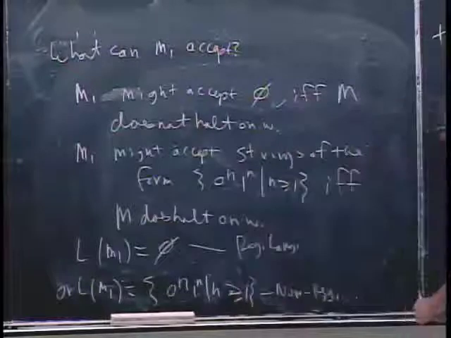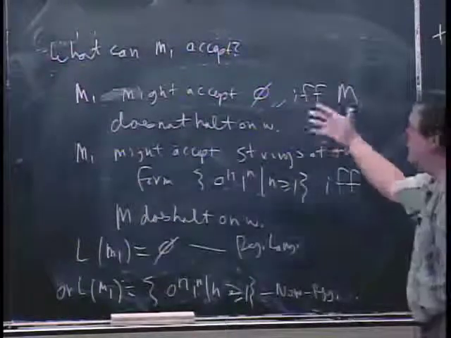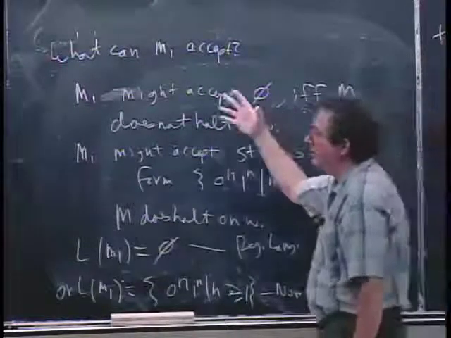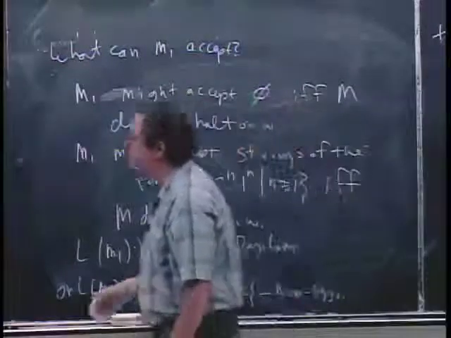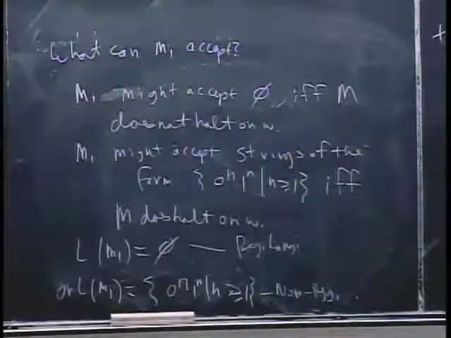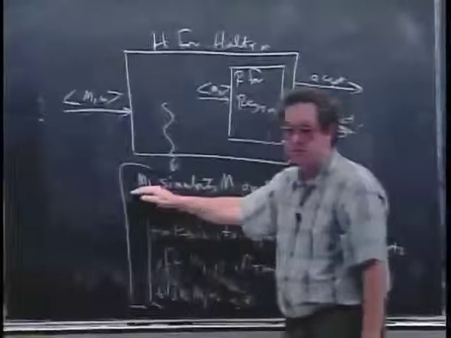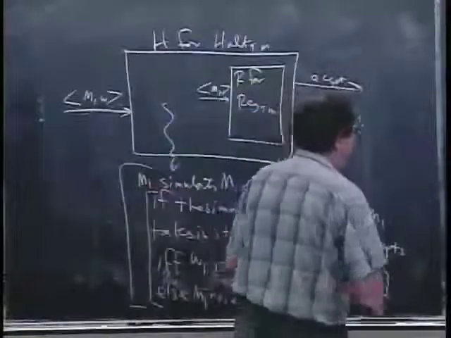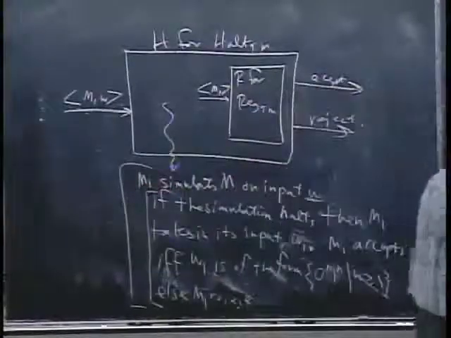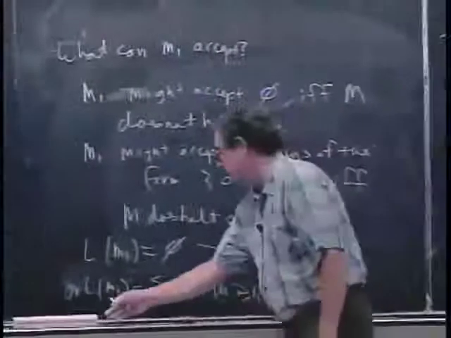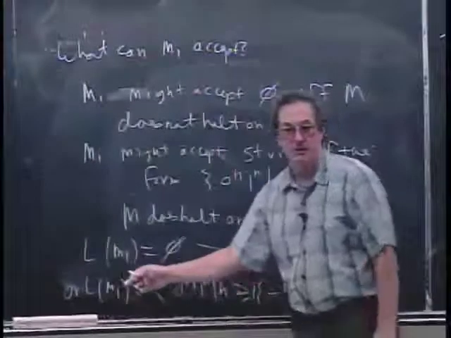So this Turing machine H has created a description of a Turing machine M1 where either the language of M1 is a regular language or not. Well, this is a tautology the way I'm saying it now.